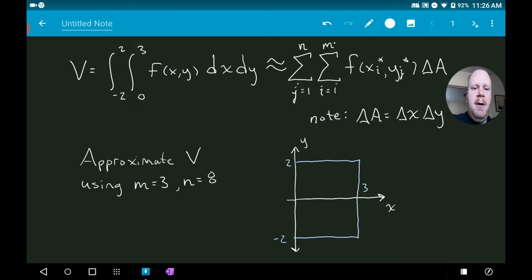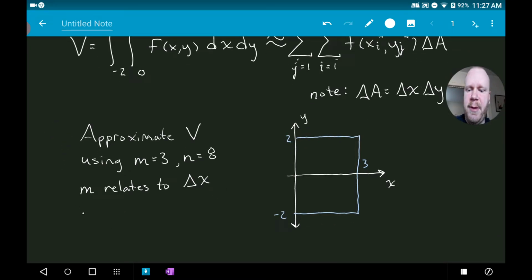These m and n are coming from this piece here in the summations. So I'll just state it this way, that m relates to delta x and n relates to delta y.